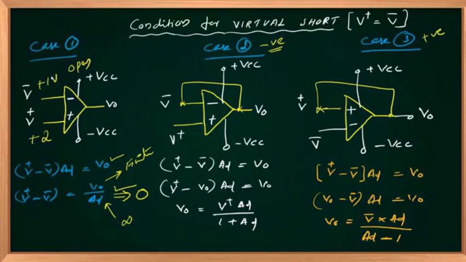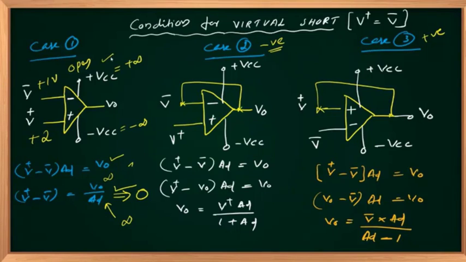It happens because in the open loop case, if you are having a plus infinity and a minus infinity supply voltage, which is practically impossible, but let us assume it for the sake of explaining this, your output goes to infinity, or your output depends on the supply voltage VCC.